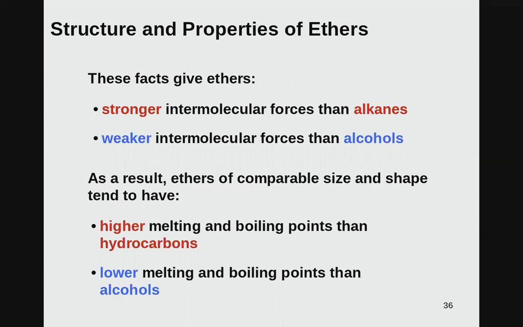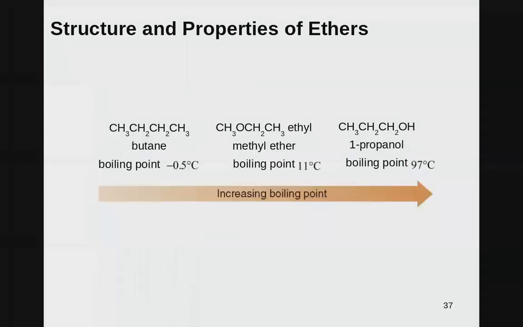I have a typo there. It should be intra. Anyways, as a result, our ethers of comparable size and shape to an alkane or an alcohol have higher melting and boiling points than our hydrocarbons, so our alkanes, and lower melting and boiling points than our alcohols. And so you can see examples of this.